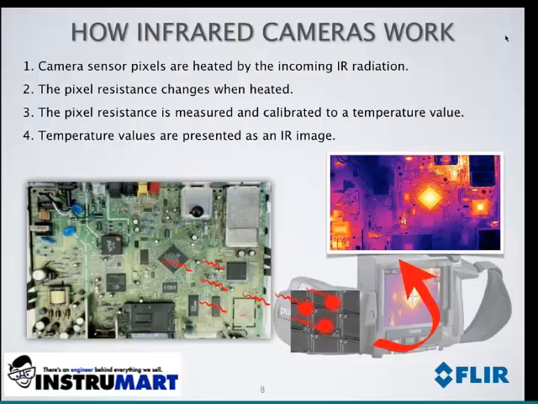Now, each one of these elements senses infrared radiation. It converts that radiation to a temperature value through a calibration process. The temperature values are assigned a color or grayscale and then presented as an infrared image.